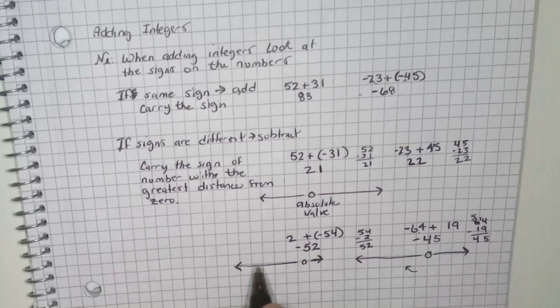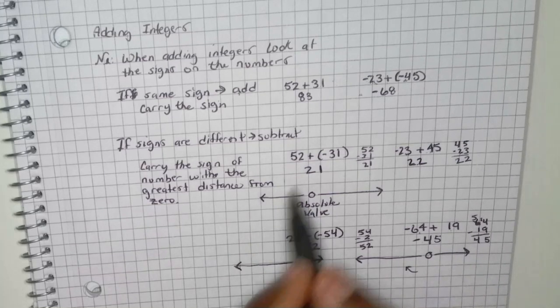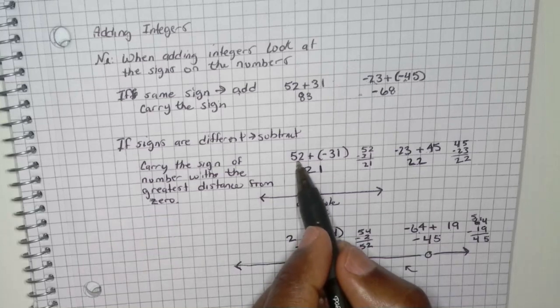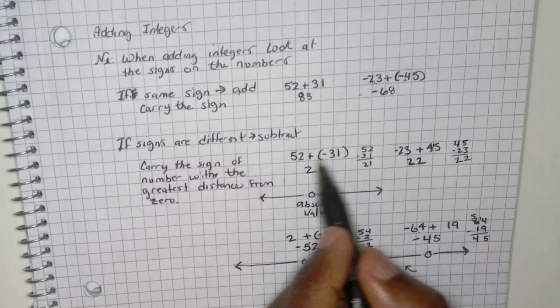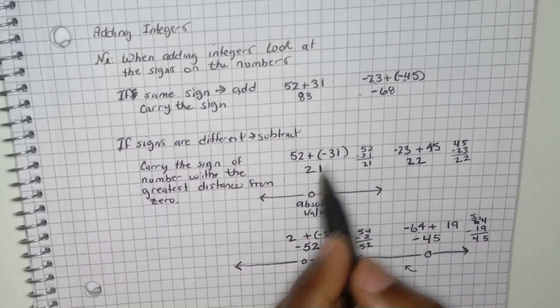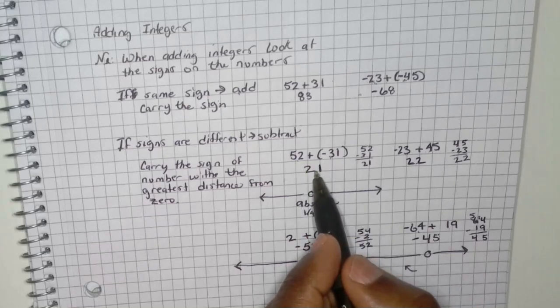Now, when we think about this, let's think about money. If you got paid a check for $52, but you had to pay a bill that was $31, your check was more than your bill, so you have a positive amount left over.